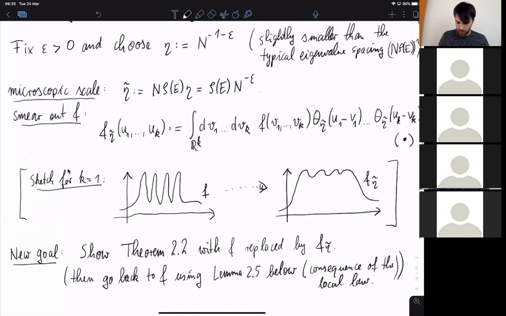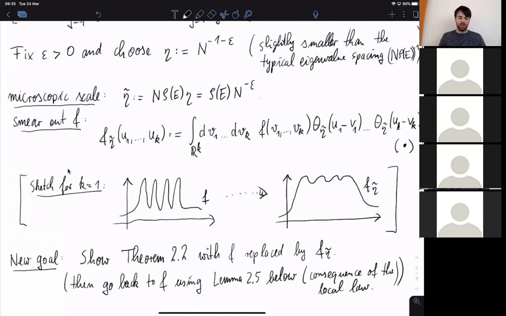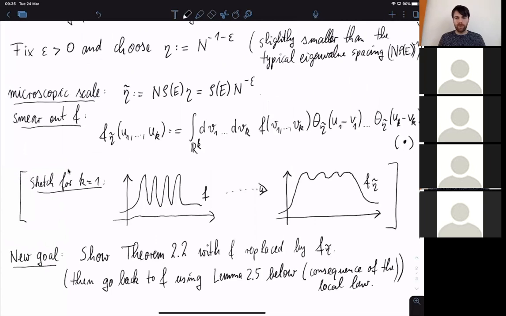Okay, maybe now is another good time to take a picture of these notes. Now the idea is that if I start from this function f eta tilde, then it's easy to bring in the resolvent.